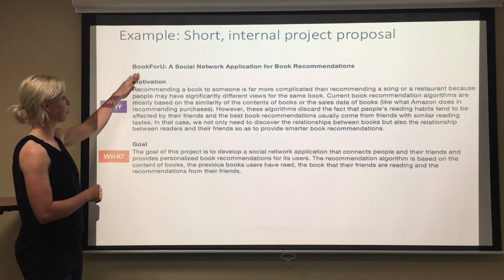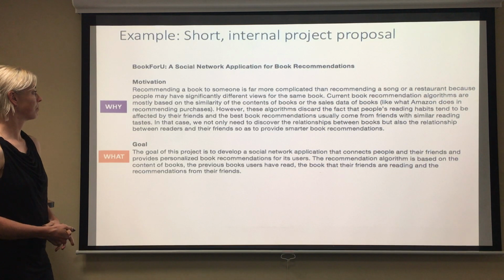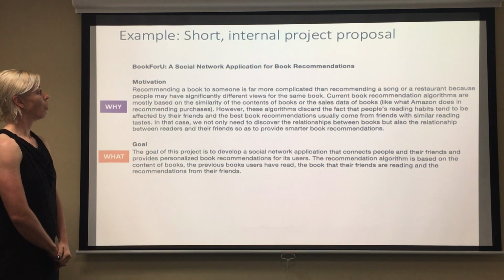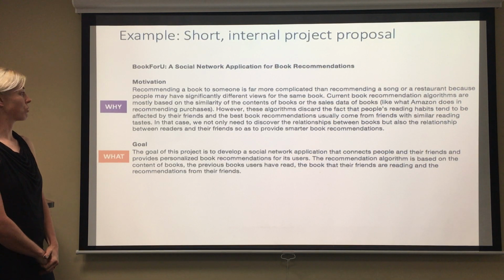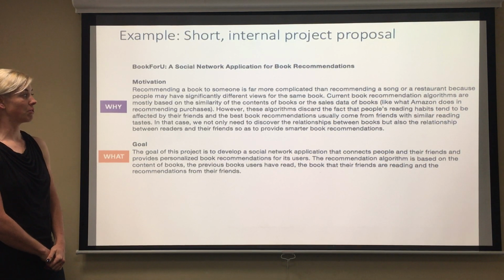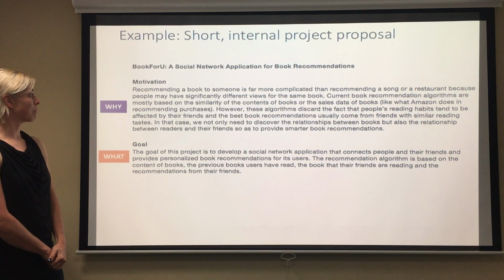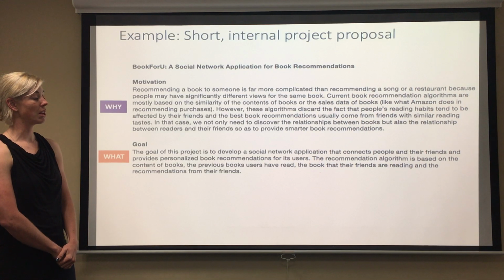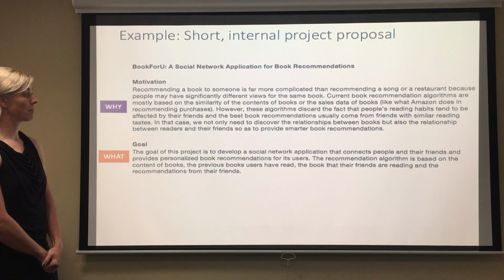All right, so this is Book for You, a social network application for book recommendations. Motivation. Recommending a book to someone is far more complicated than recommending a song or a restaurant because people may have significantly different views for the same book. Current book recommendation algorithms are mostly based on the similarity of the contents of books or the sales data of books, like what Amazon does in recommending purchases.